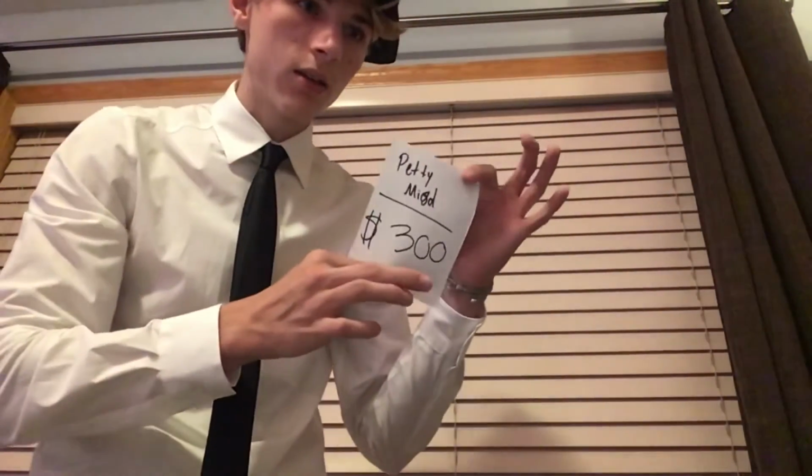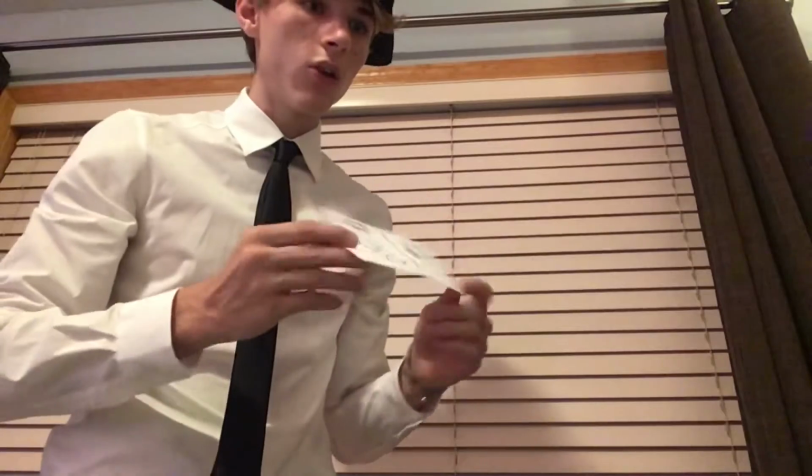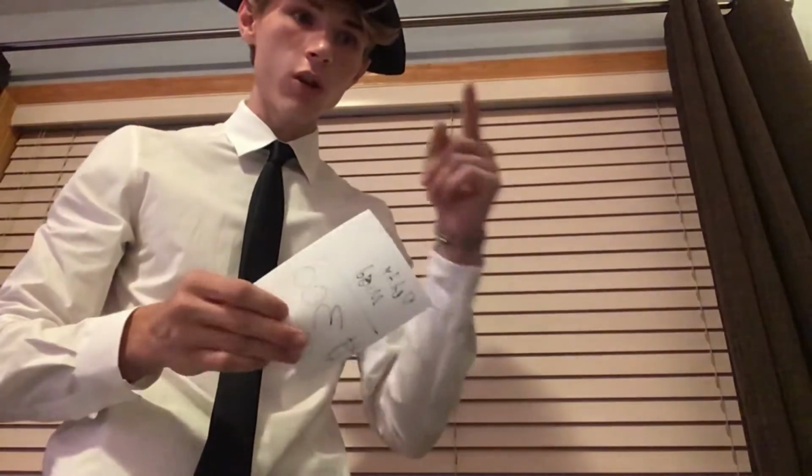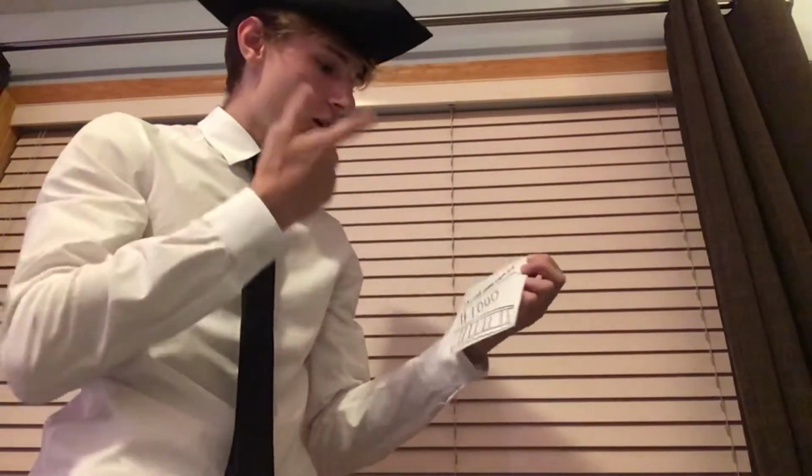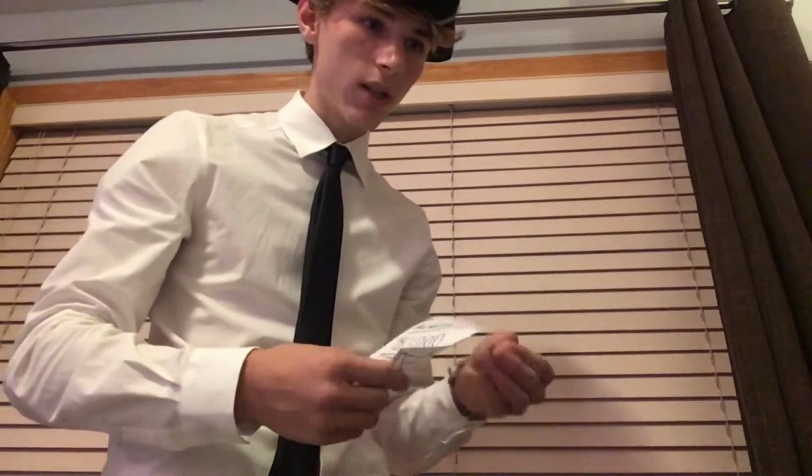The punishment can vary from just a fine all the way up to decades in prison, depending on the crime, that is. For example, a petty misdemeanor can only get you a punishment of a fine up to $300. The next level is a regular misdemeanor. This one can get you up to a fine of $1,000 and 90 days of incarceration in prison.